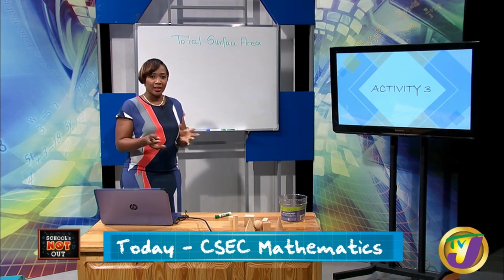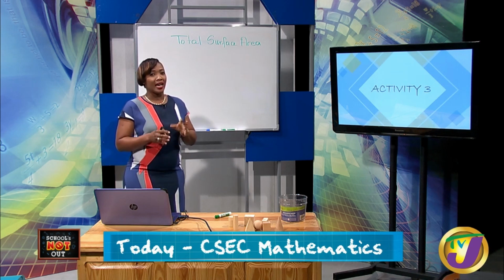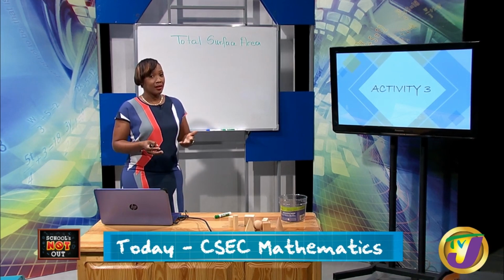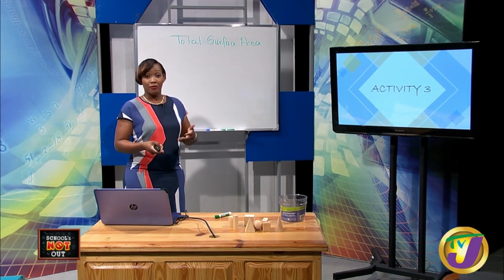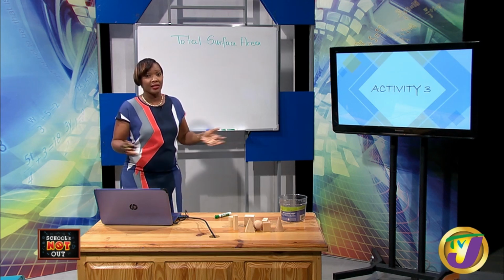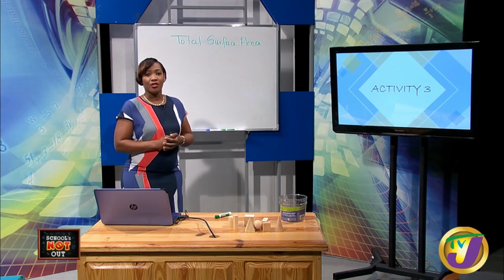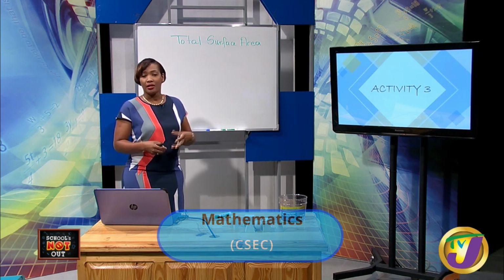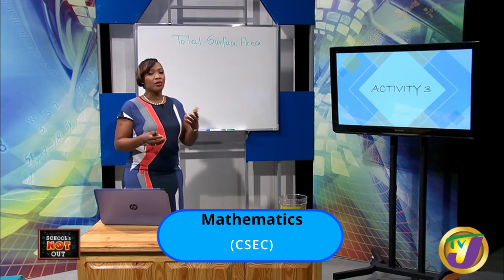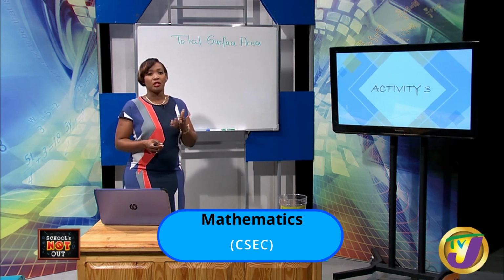It is the totaling of all those faces that would give us the total surface area of a solid. We also spoke about how practical and meaningful it is for engineers, for persons who decorate things that are solids. They would have to be able to determine the total surface area in order to purchase material. So those are just some of the applicable ways in which the concept of total surface area can be used.